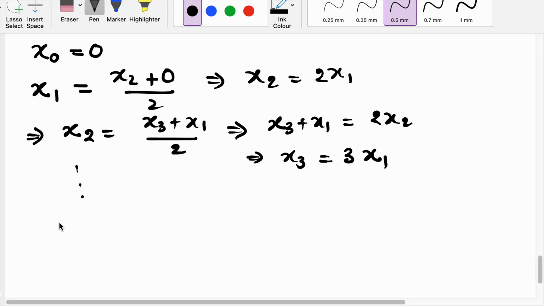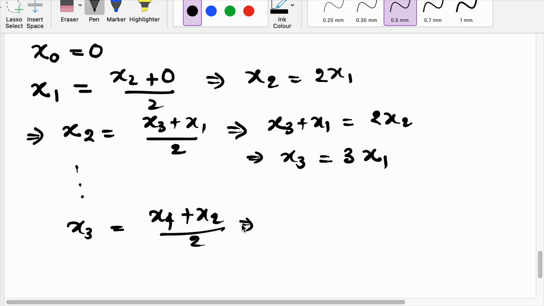Similarly, let me calculate x4, then you will find the similarity. Now I have to calculate x3. x3 will be x4 plus x2 by 2.